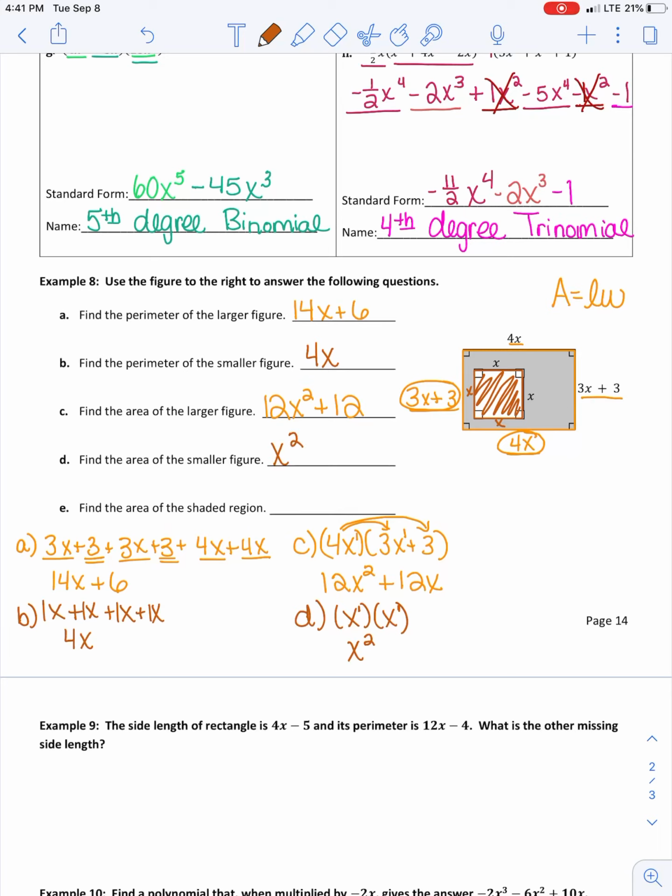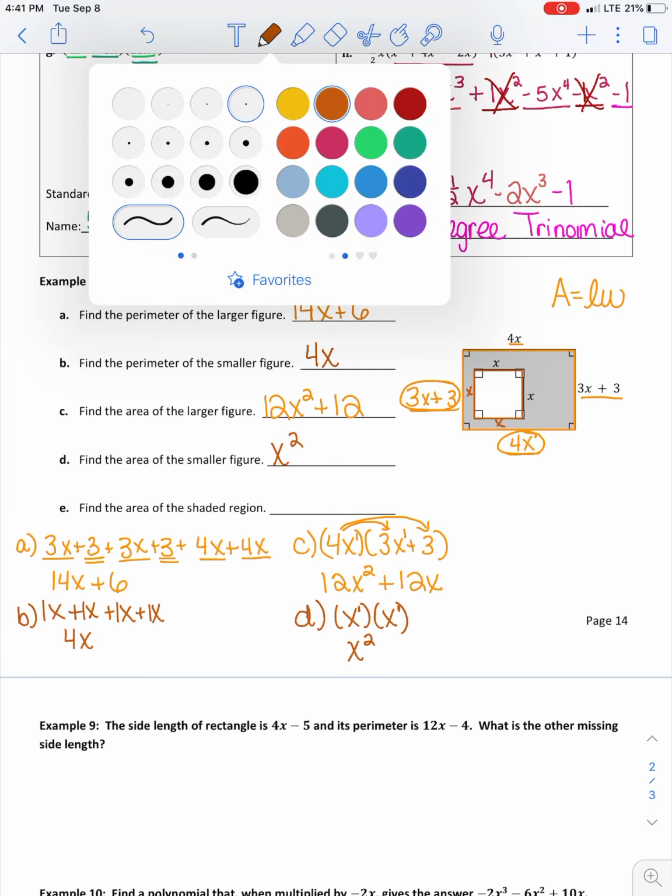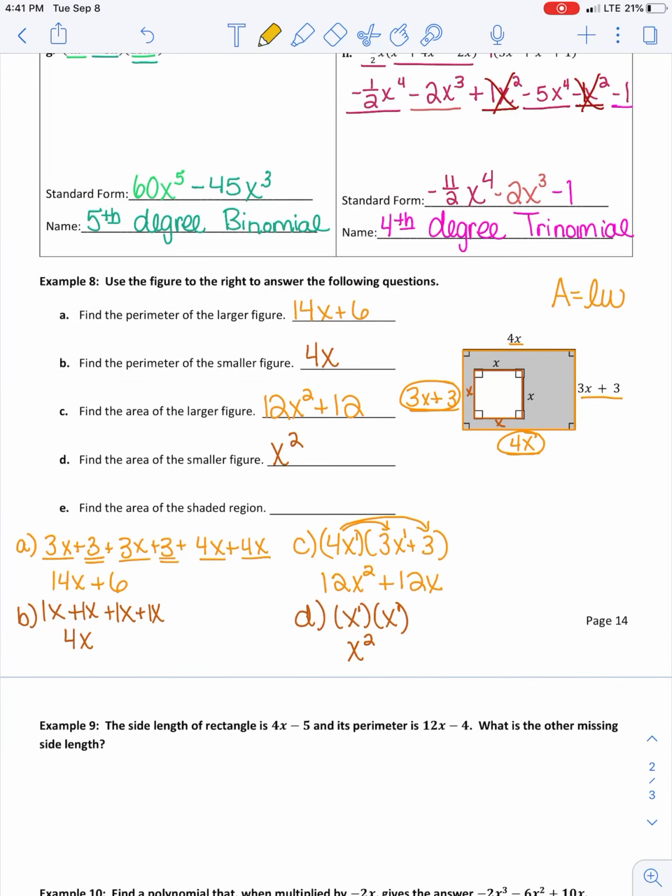Okay. The last part is the part that trips a lot of people up, because now it's wanting the area of just the shaded region. So we have the big rectangle, and then we basically took away that smaller square. If we take that square away, we're actually subtracting.